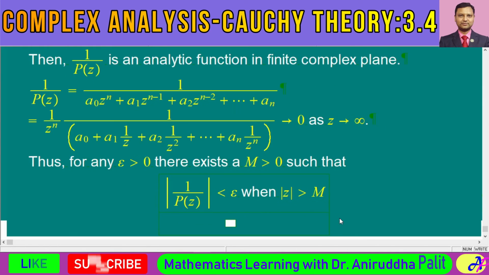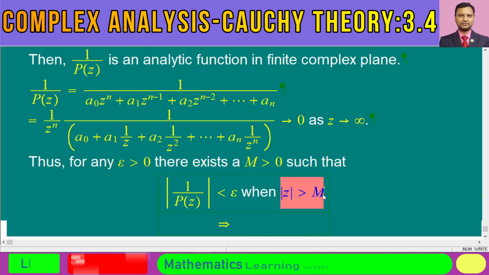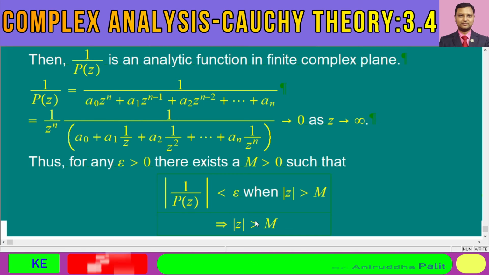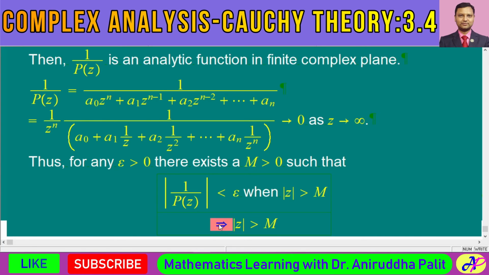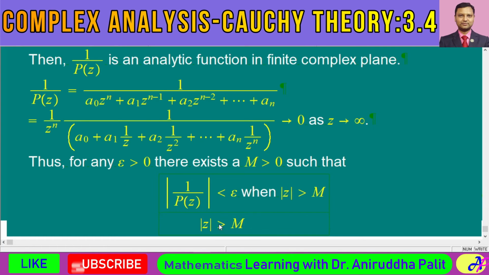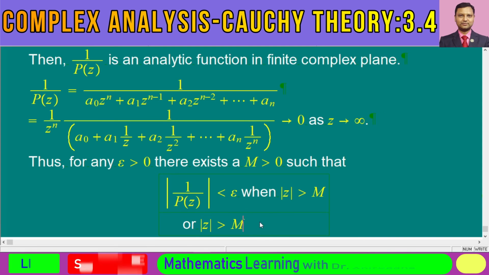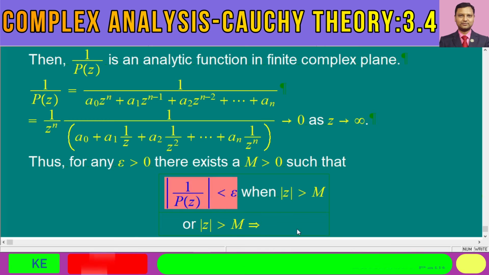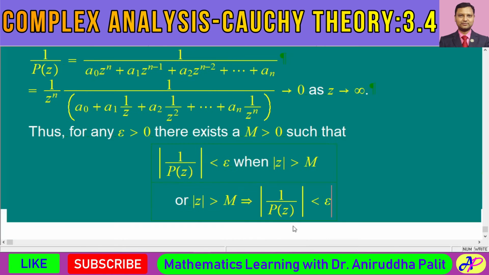Or you can also write it in this fashion, that modulus of z is greater than M. You can also write it in this fashion, or modulus of z greater than M implies this inequality, 1 by p(z) less than epsilon.